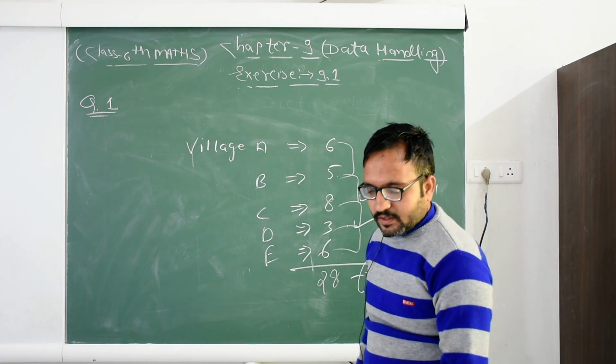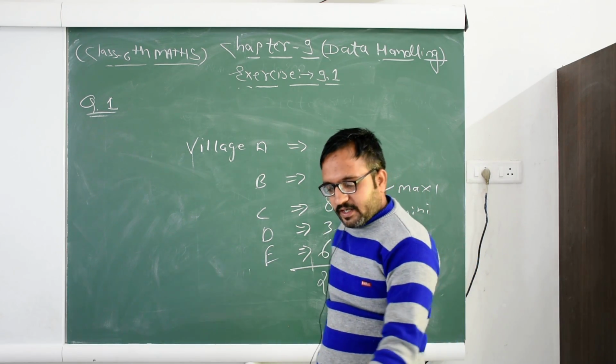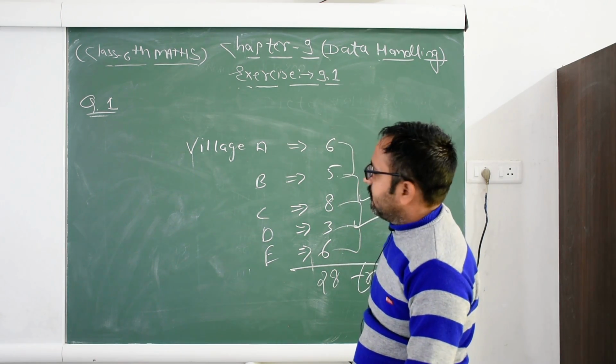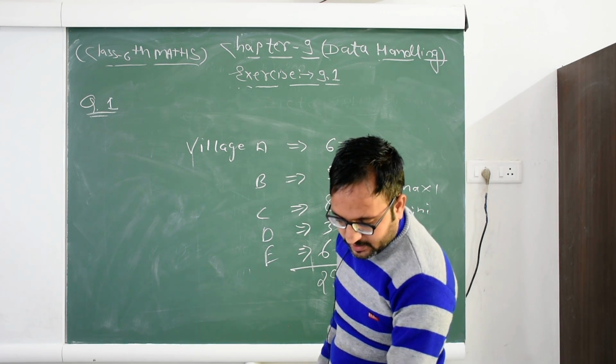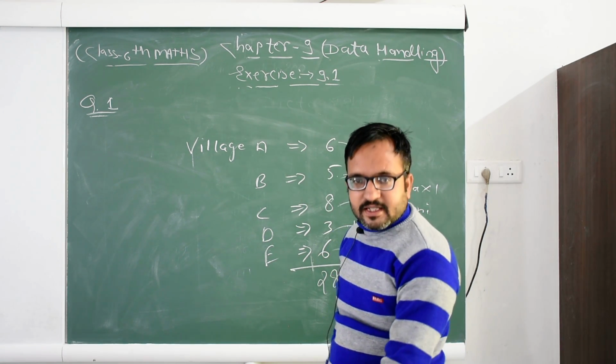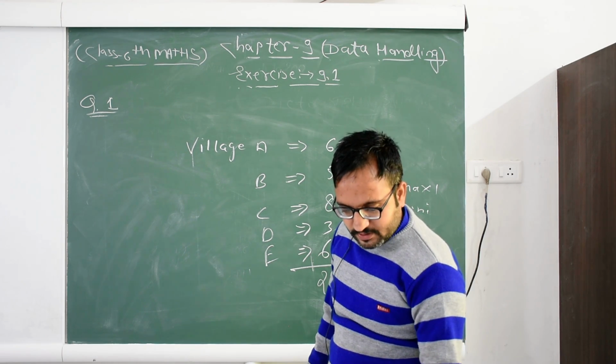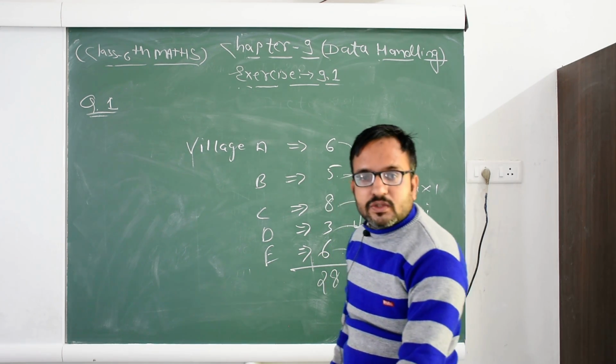We already have a table and give the answer of the particular question. So questions 5 and 6 are for your homework, and 7 is also.